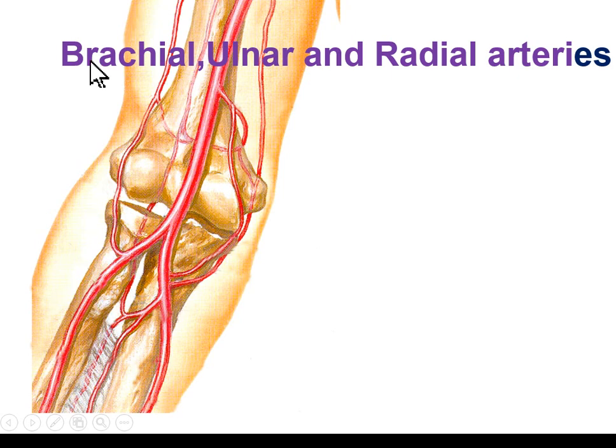Then we can see the brachial artery, which subdivides into the ulnar and radial artery. This is the brachial artery, and on the anterior surface of the elbow joint, it subdivides into the radial and ulnar arteries.